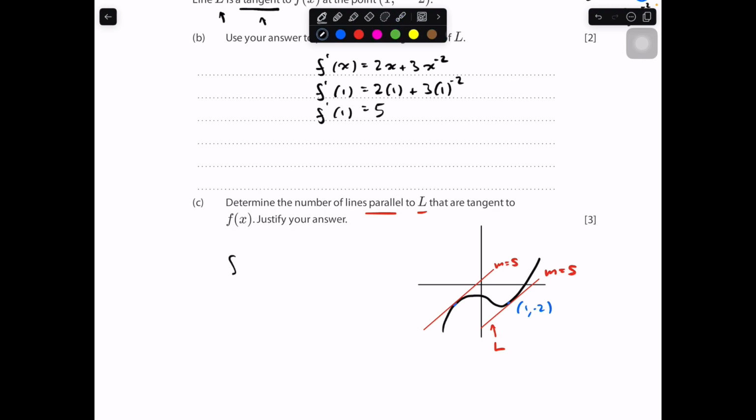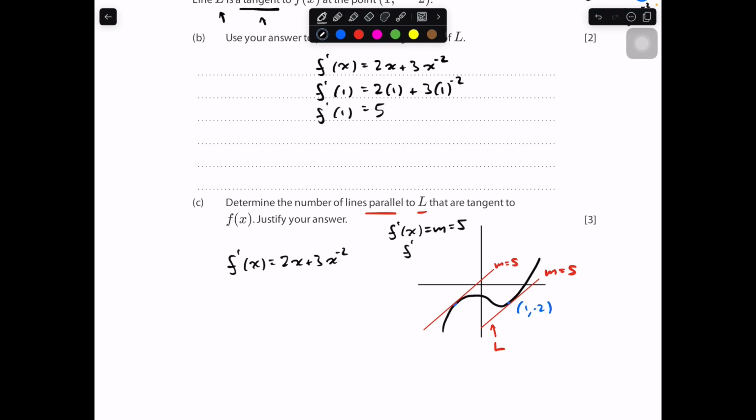So here, once again, is our slope function. f of x is equal to 2x plus 3x to the -2. And in this case, we don't want to put in an x, an input. We want the slope. We want f prime of x, which is equal to m. That's exactly what it is. It's a slope function. We want m to be equal to 5.